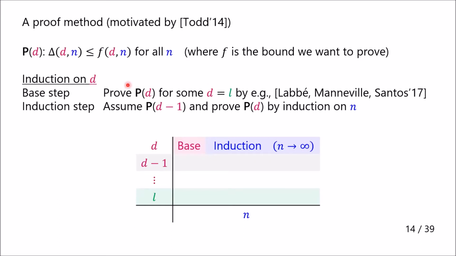So let P of d be a proposition asserting that some prescribed function f is indeed an upper bound on delta d n in some dimension d. Okay, this is a proposition. So we want to prove this proposition is true for any d.